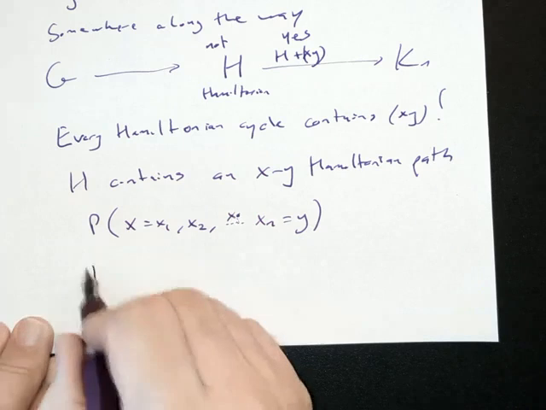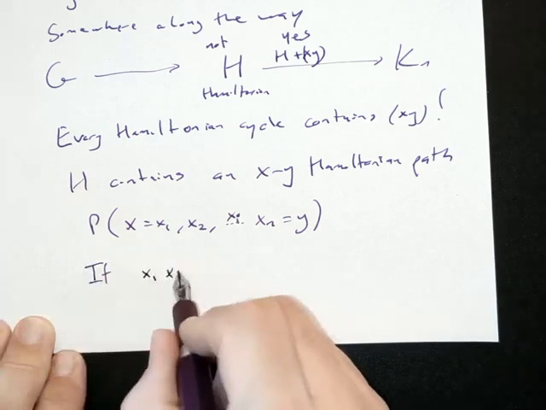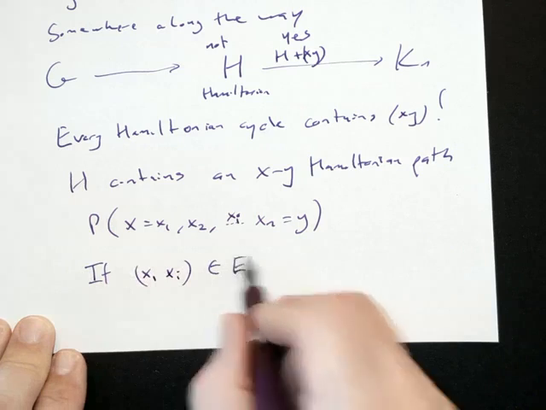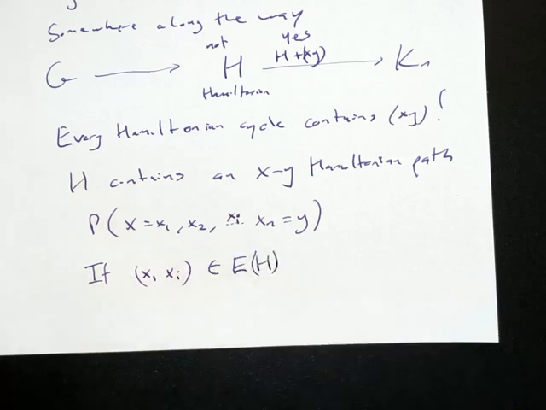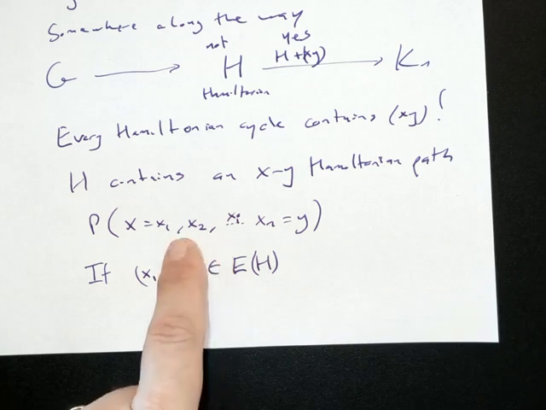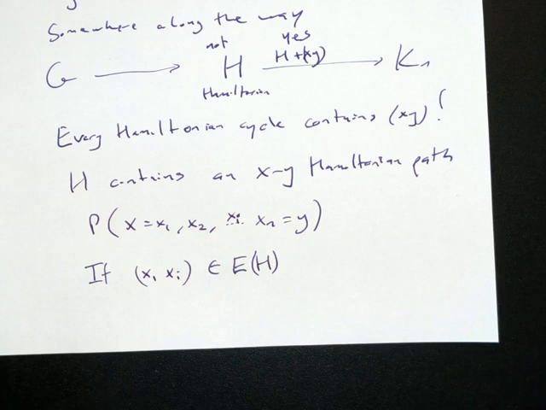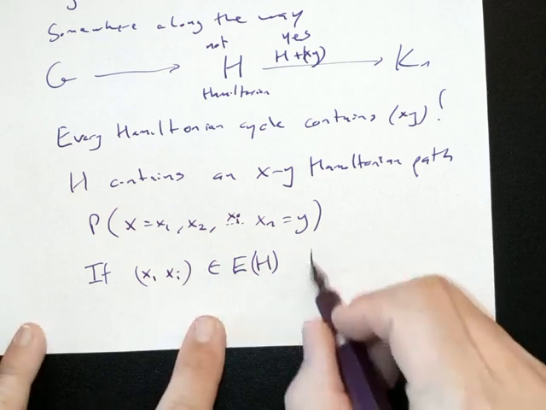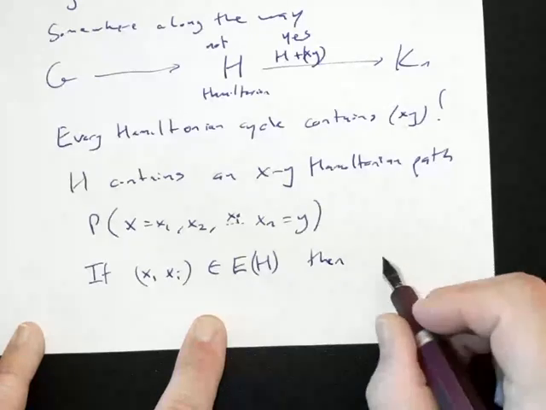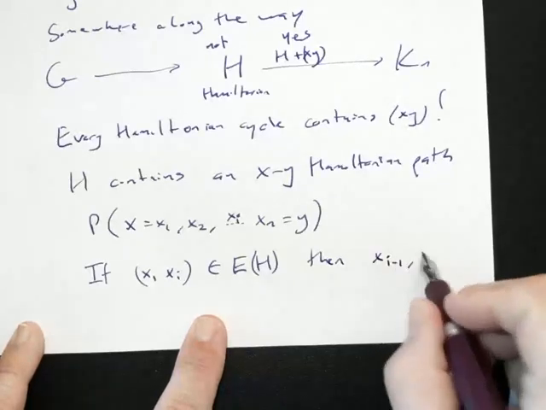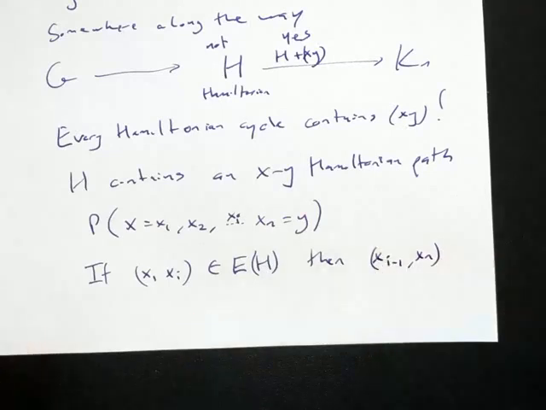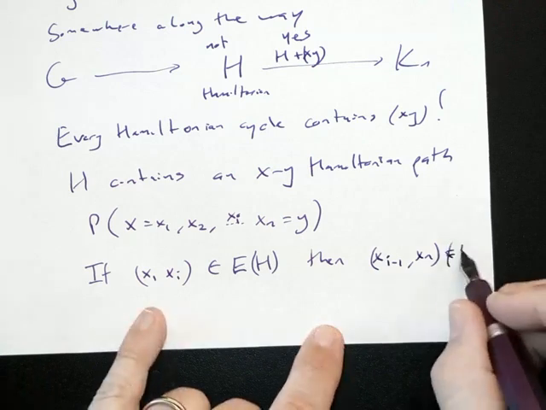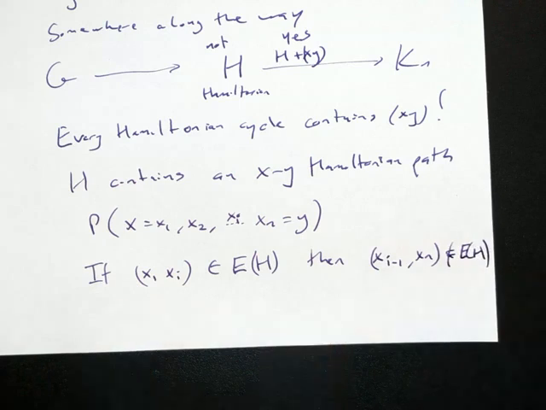Suppose x1 xi is an edge in H. I claim for every vertex before that, it cannot be adjacent to the last vertex.